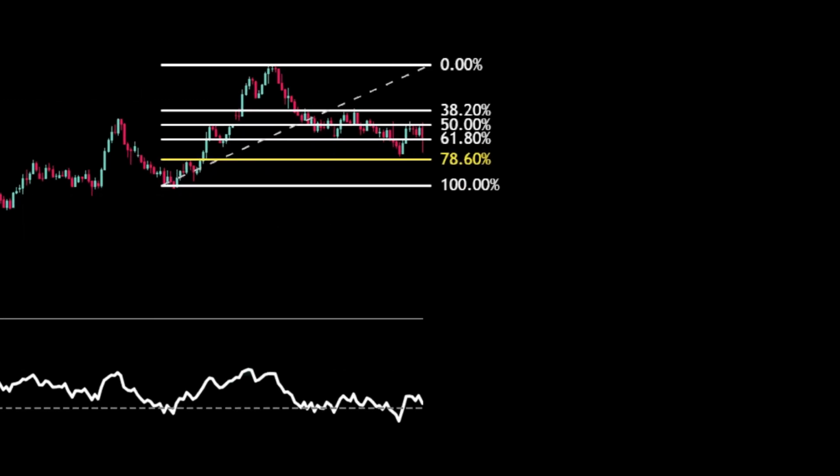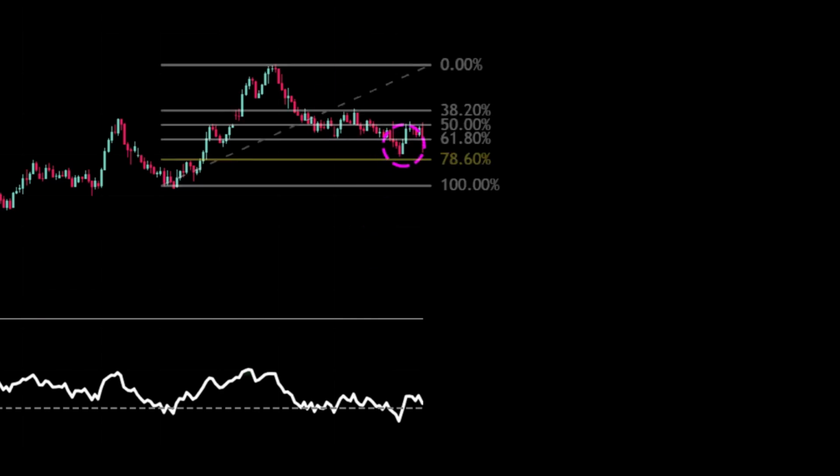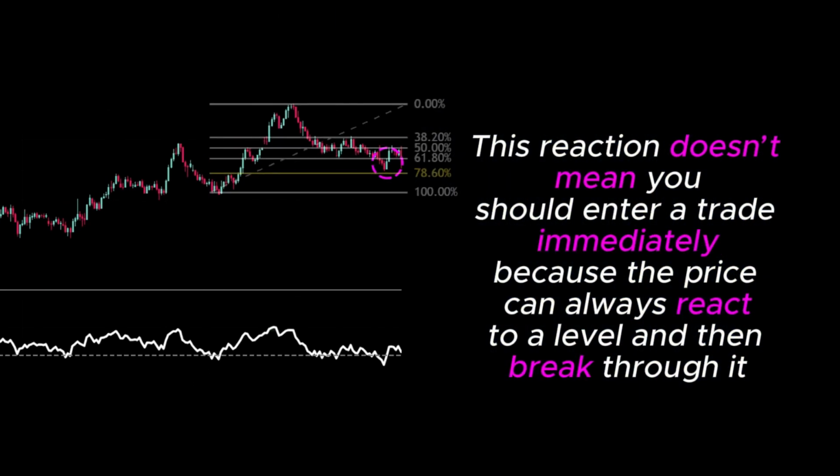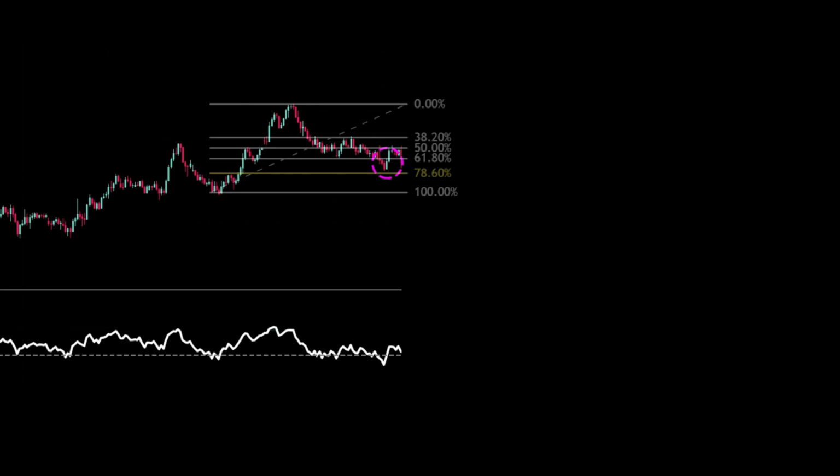As the price moves down, it reaches a Fibonacci retracement level, a key level that traders often watch for potential reversal. Here it shows a slight reaction. This reaction doesn't mean you should enter a trade immediately, because the price can always react to a level and then break through it. We need confirmation.